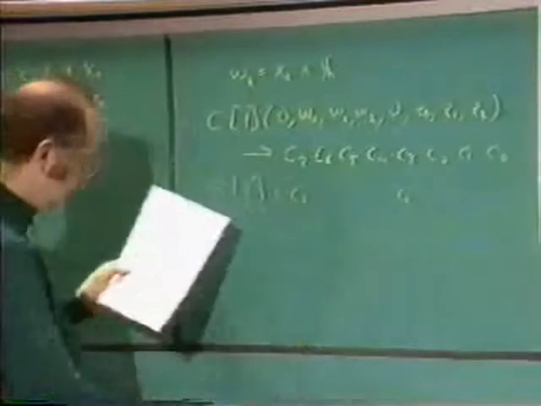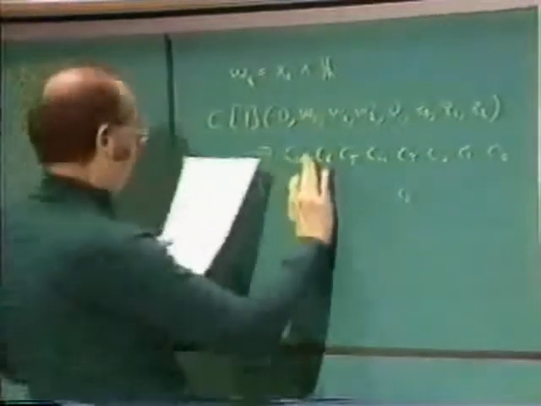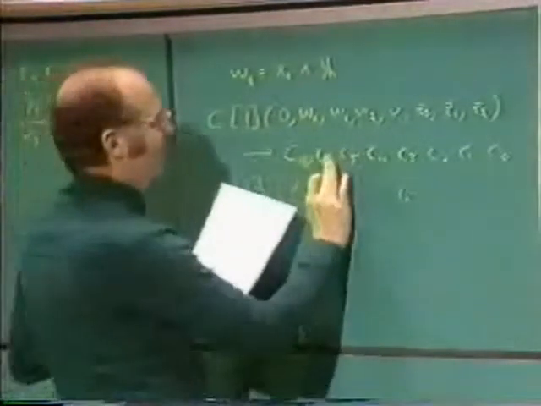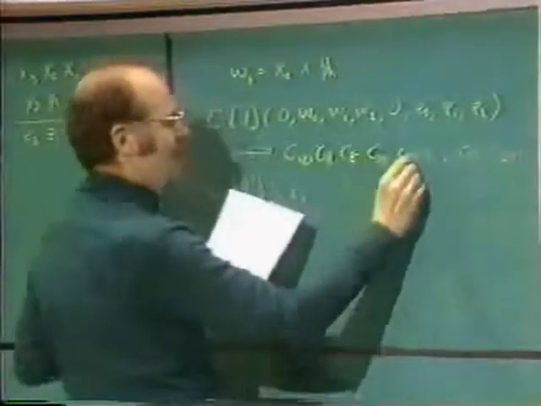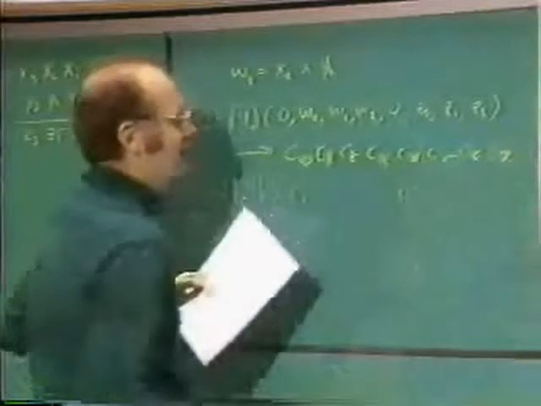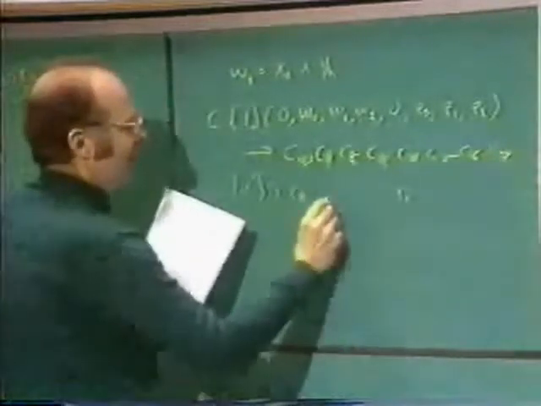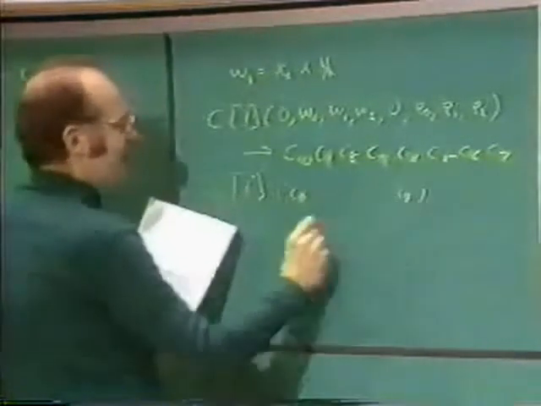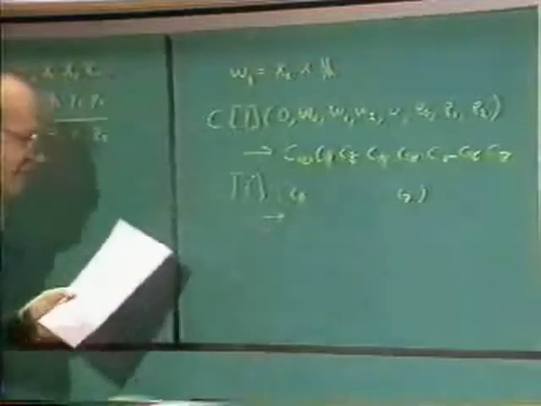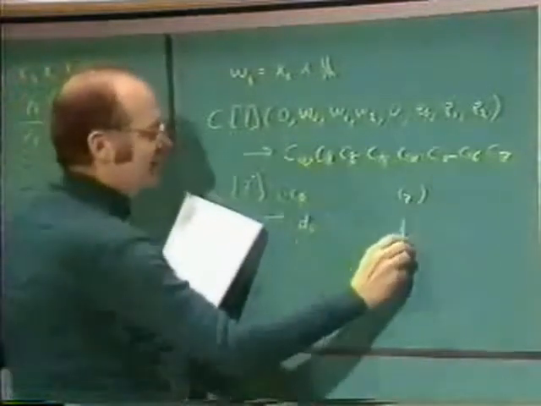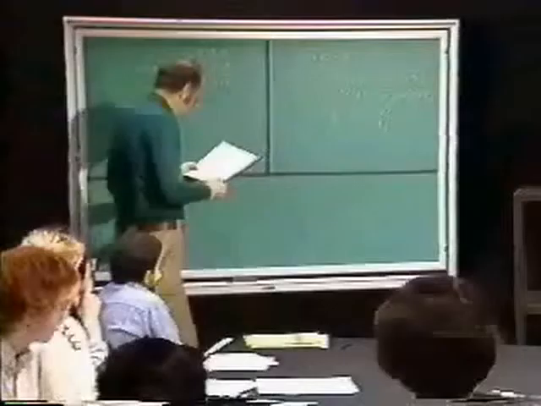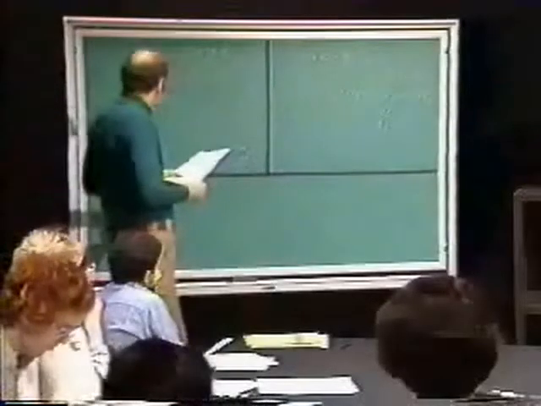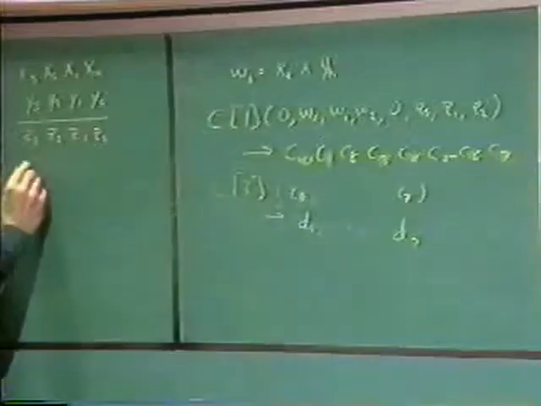Oops, I numbered it wrong: 0, 1, 2, 3. Okay, so all this backwards. And then you do a C2 of this, and that goes to the output, to D0 through D7. And then finally, the final circuit was to add this.